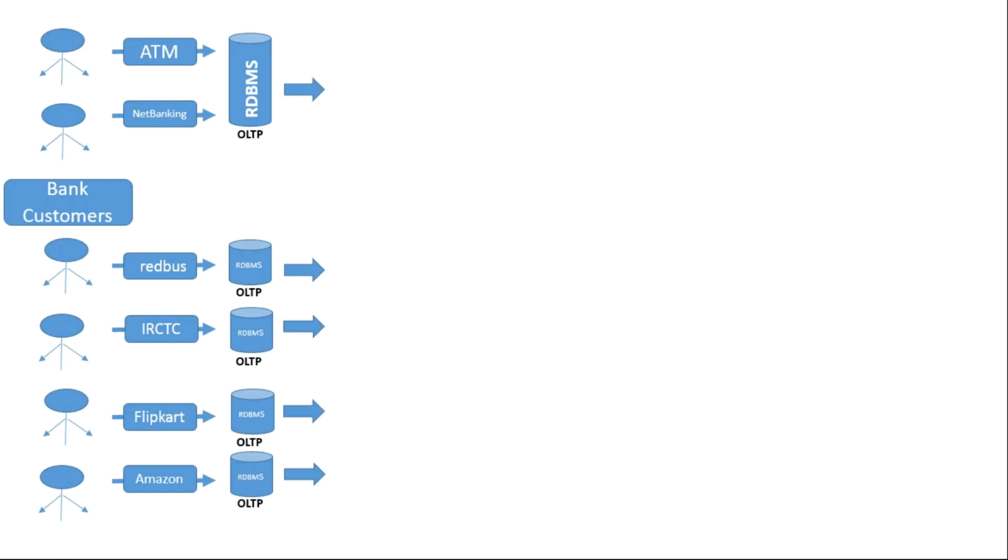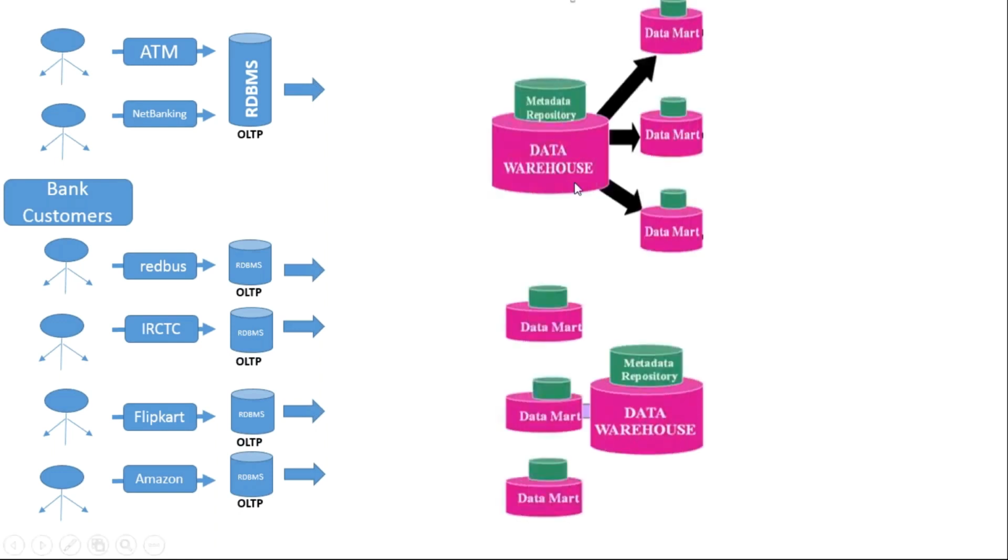So what new concept came into the world is the data warehouse. You need to dump your data into the data warehouse, maybe monthly, yearly, weekly or quarterly. The frequency is up to the client.